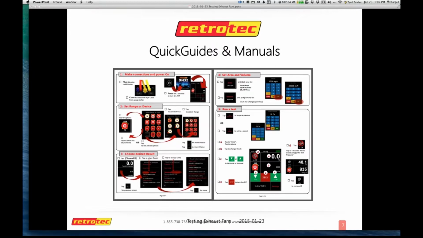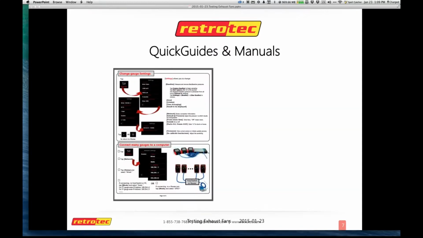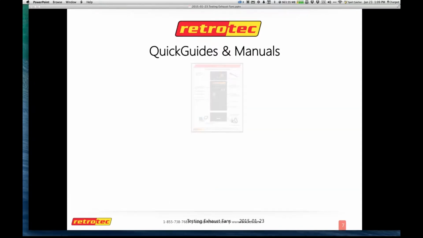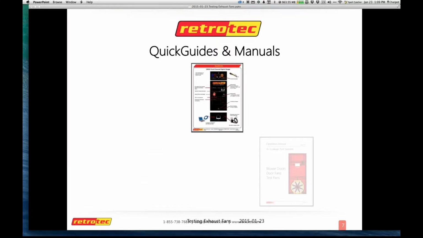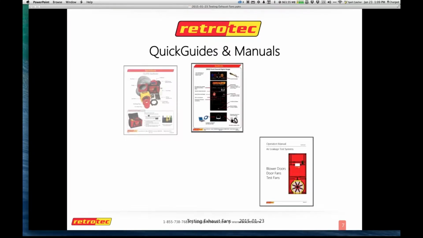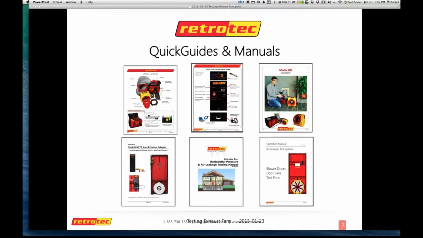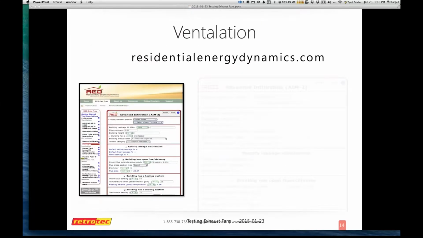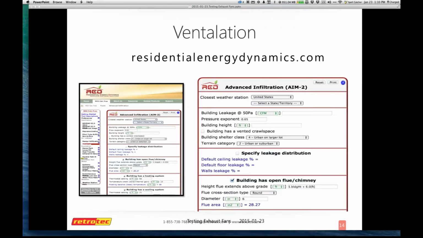I was going to skip some of these slides. I apologize. One of the things I'm not covering is how to evaluate your ventilation requirements, and whether you have enough infiltration, exfiltration, or if your fans are adequate. We always send people with those kinds of questions to Residential Energy Dynamics.